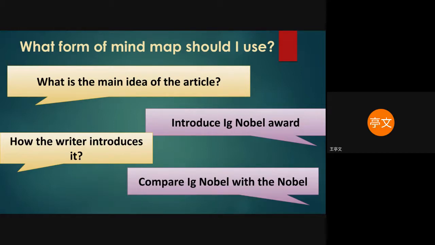So the writer introduced the Ig Nobel Award by making a comparison between the Ig Nobel and the Nobel Prize, because as you know, Nobel Prize is very well known compared to the Ig Nobel. 所以作者的手法要介绍这个搞笑诺贝尔奖的手法是他把诺贝尔奖跟搞笑诺贝尔奖做一个比较，因为大部分的人比较知道诺贝尔奖，而这样比较之下，他们也会对搞笑诺贝尔奖的创办宗旨会更清楚。Okay, so as you know, the writer organized his ideas by making comparison.